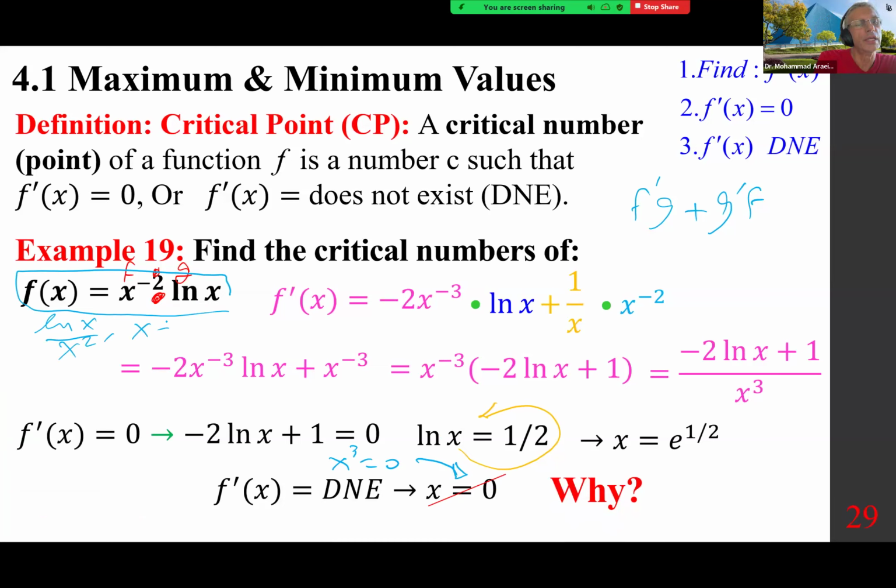So x not only can't be 0, the domain is from 0 to infinity, because when you have composite functions, the one with the highest amount of limitation would give you the domain. So the domain for 1 over x squared is all real numbers except 0, for ln x from 0 to infinity. Therefore, that would become the domain. So that's not part of the domain, and we are done.